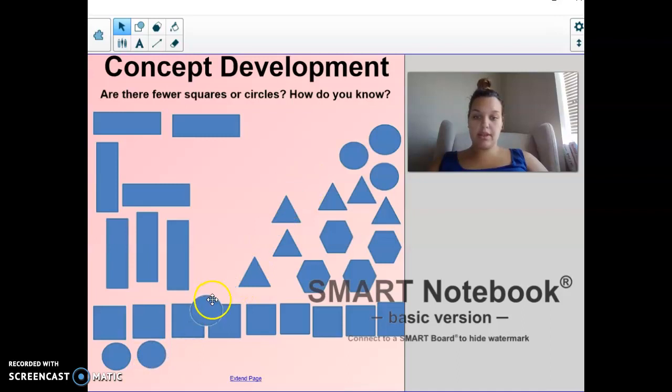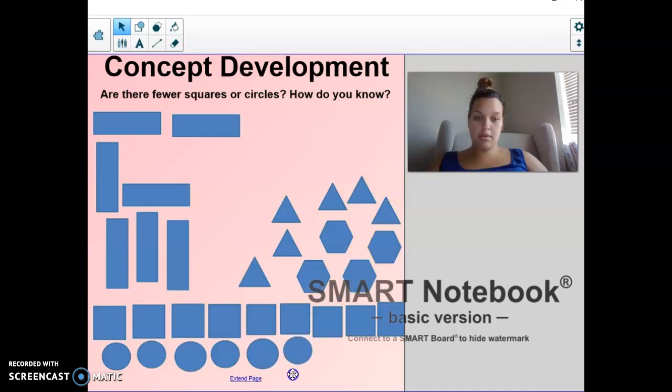Now can you start counting the circles for me? Hey, how many squares do we have? 1, 2, 3, 4, 5, 6, 7, 8, 9 squares.